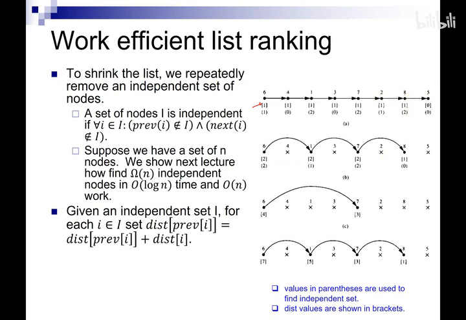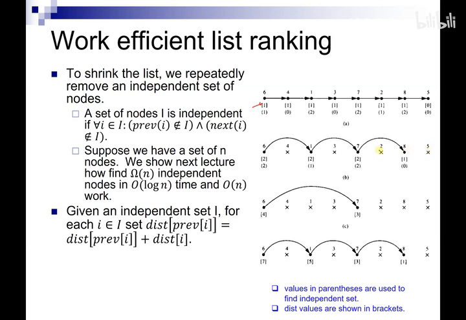We're going to take this set of independent nodes, and whenever you take out an independent node, you set the previous node's distance to be equal to its current distance plus your own distance.